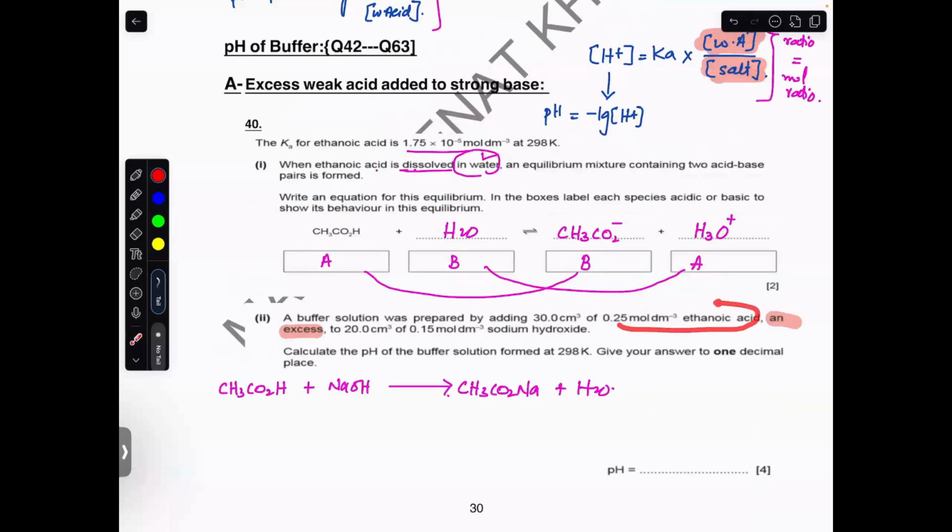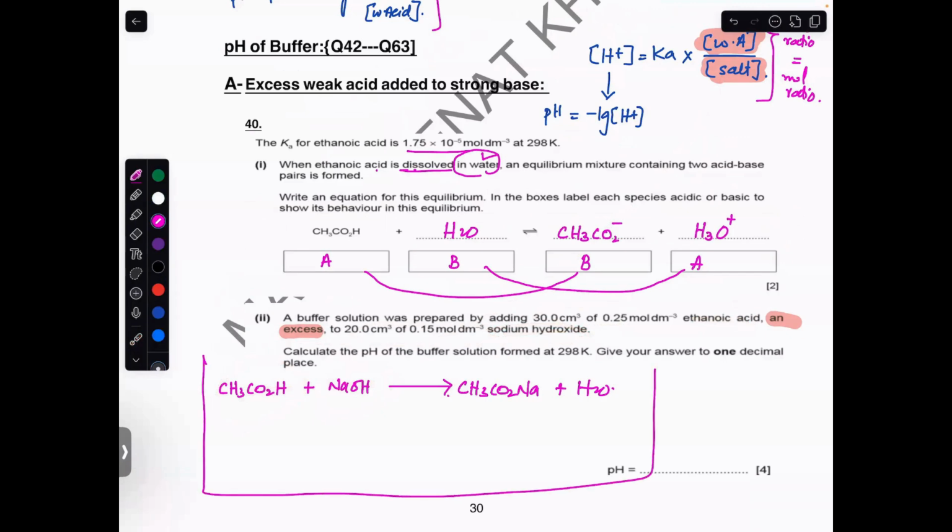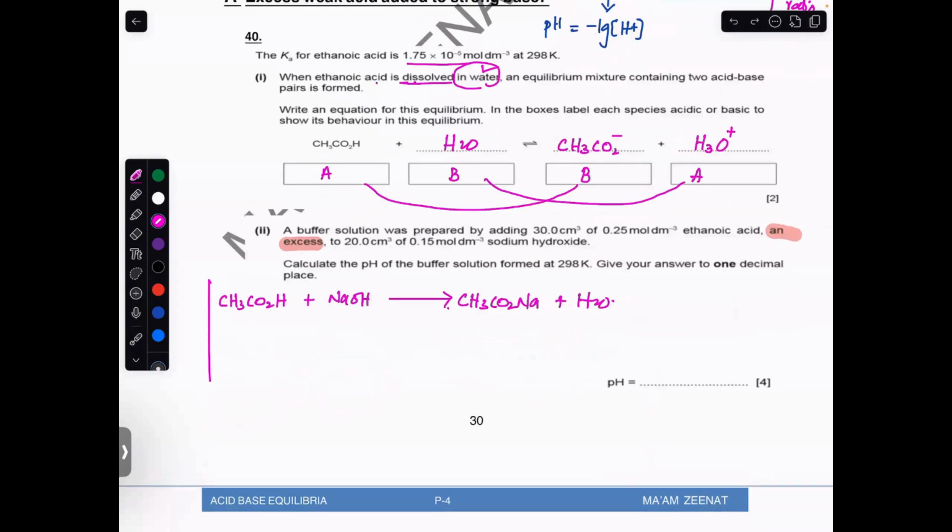I agree it is weak acid, but is NaOH the salt? No, not at all. If you are adding a base to weak acid, they're definitely going to react in that container. I want to write this more neatly. Wait a minute. Let me reduce it.